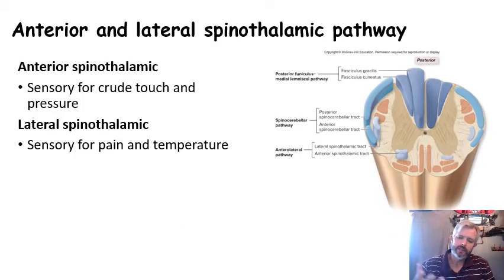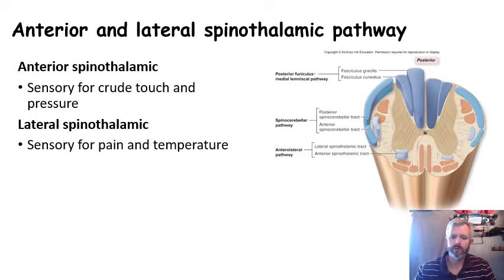So once we get that transduction in place, the receptors transduce the stimulus, we get the neuron activated, and we've got to bring that information up to the brain so we can get interpretation of it. These sensory pathways are usually multi-neuron.